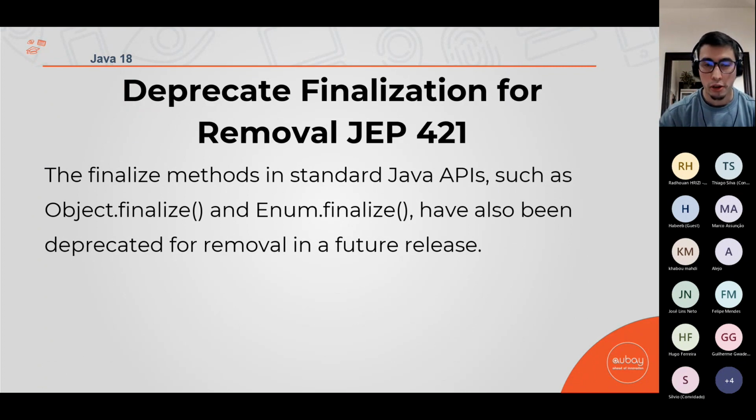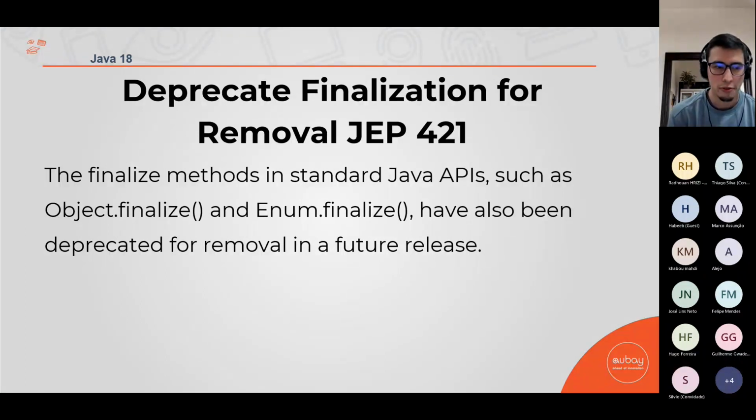We also have the deprecation of finalization for removal, done by JEP 421. I don't know if someone here has already used Object.finalize. If yes, please put yes in the chat, because this is not very common, okay?